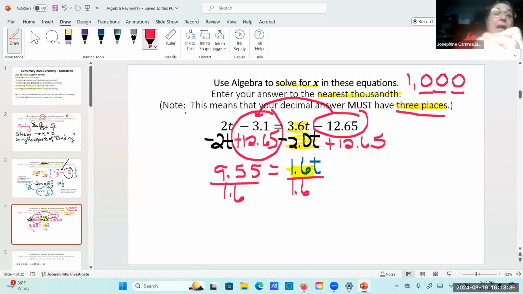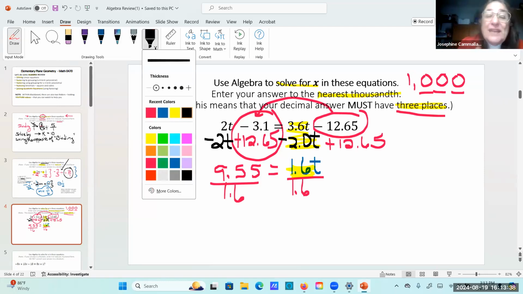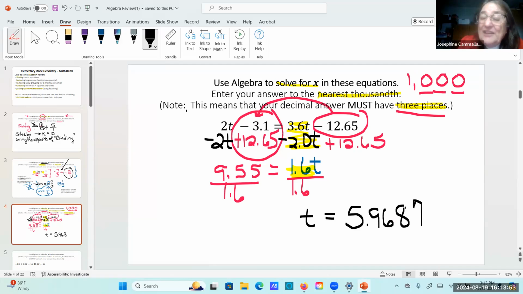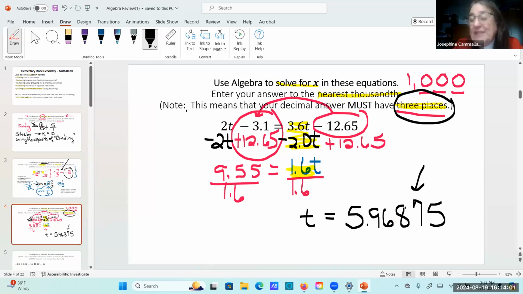Now, my calculator is going to show t as 5.96875. This is what my calculator shows. 3 decimal places.